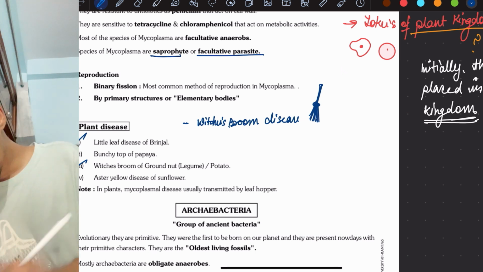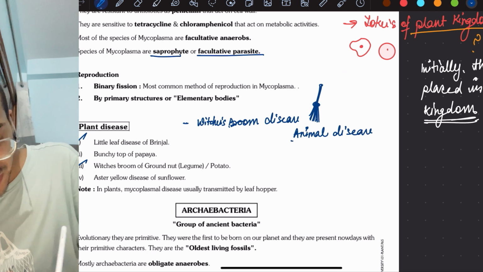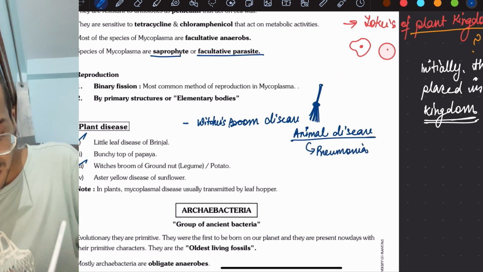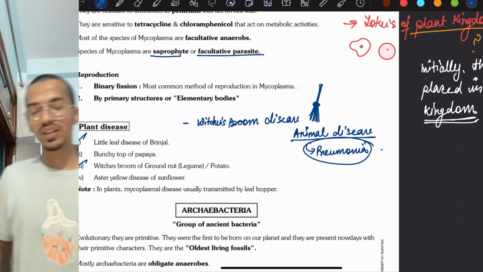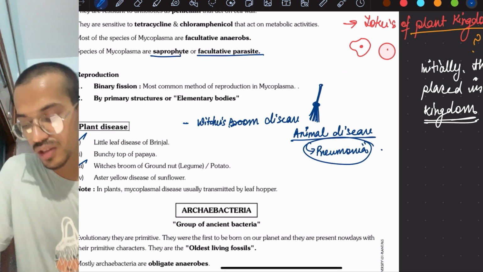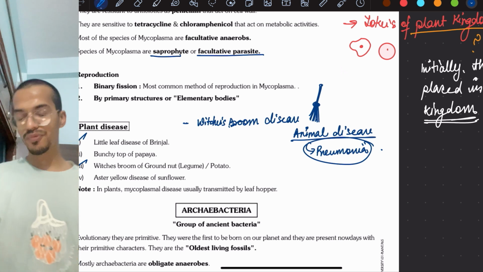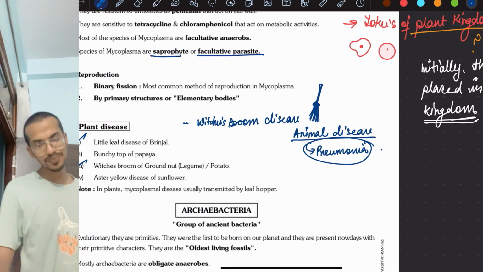But not only plant diseases, they cause animal diseases also. What kind of animal disease? They cause pneumonia. Even we can be affected by it. So they cause disease in both plants and animals. It is not written in the notes, we are writing it like this. So two diseases: little leaf disease of the brinjal and the witch's broom of the groundnut or potato.